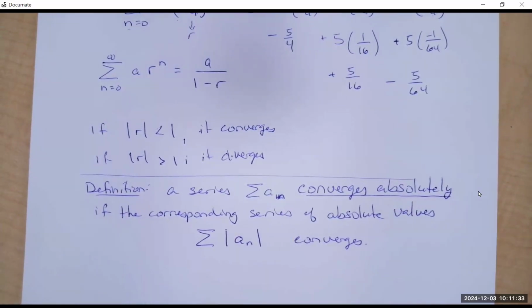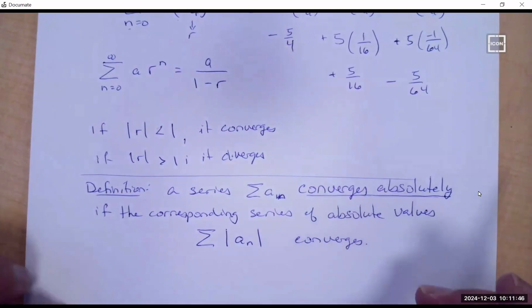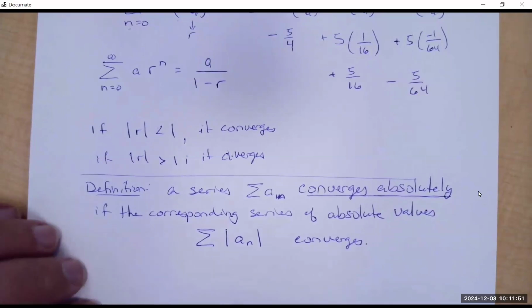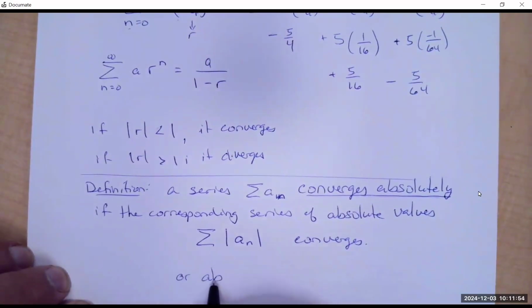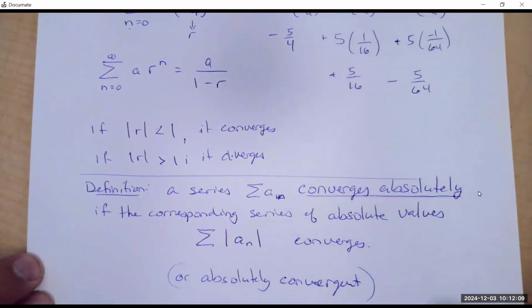In other words, if it's alternating, let's look at what happens when we take the absolute value of it. Is it heading to a value or is it not? That's where we say it converges. It converges absolutely, or it's absolutely convergent. You use either of those terms. We say it's absolutely convergent because we're taking the summation of the absolute values of our series.